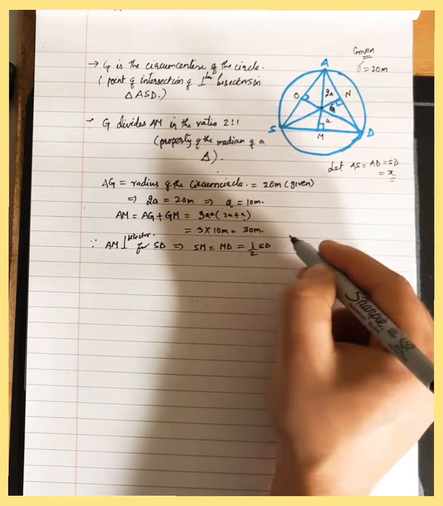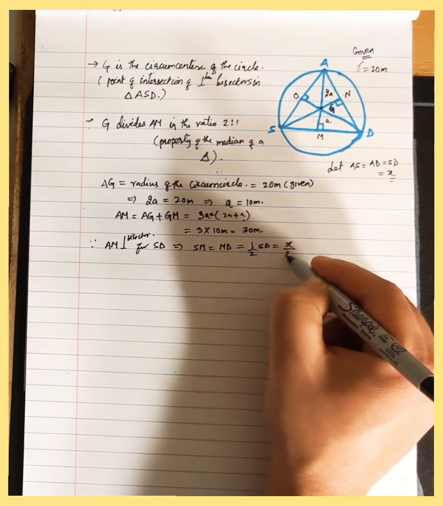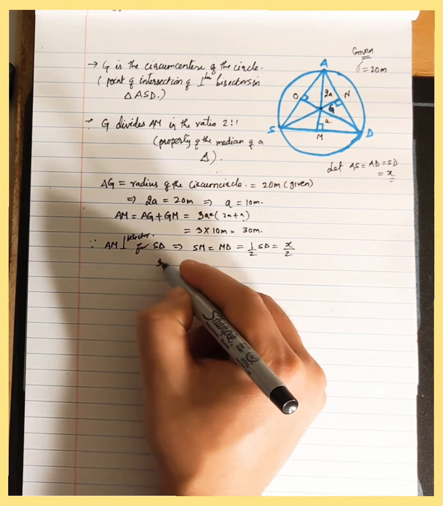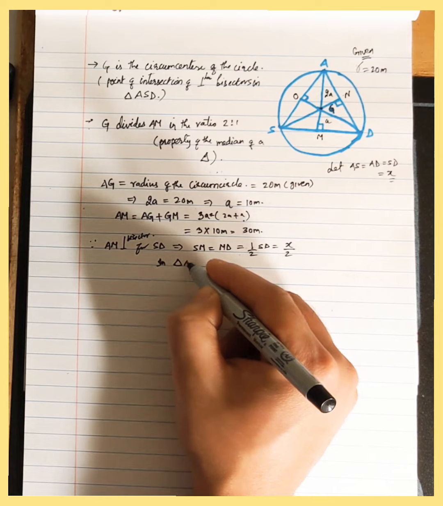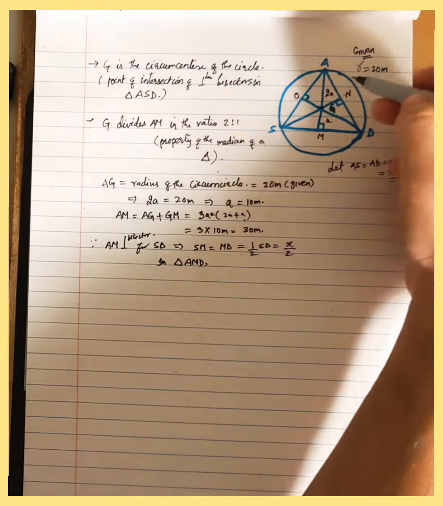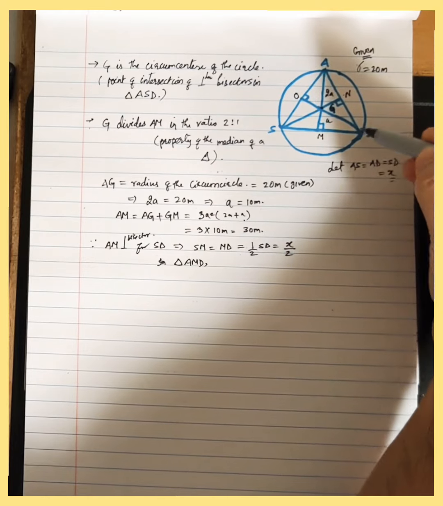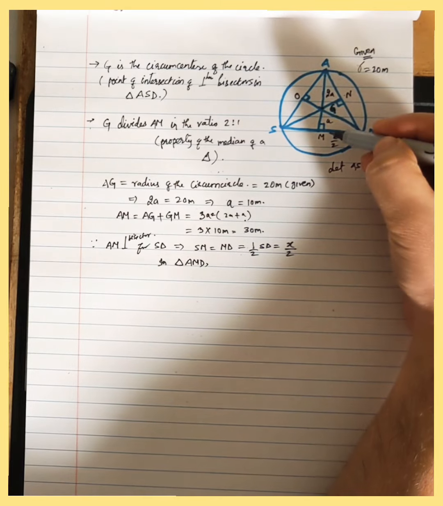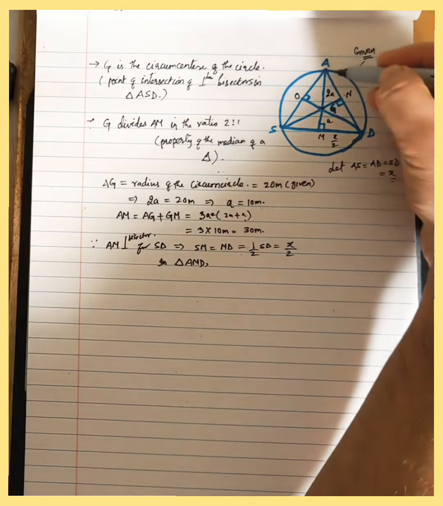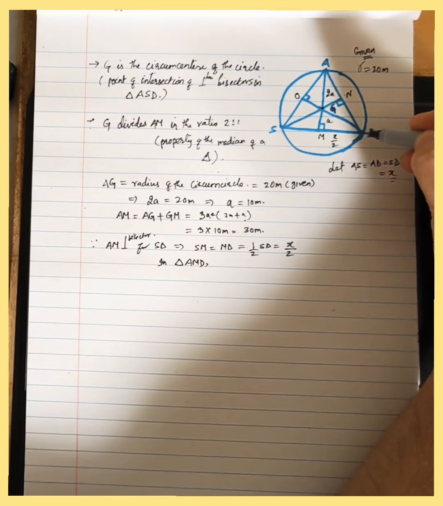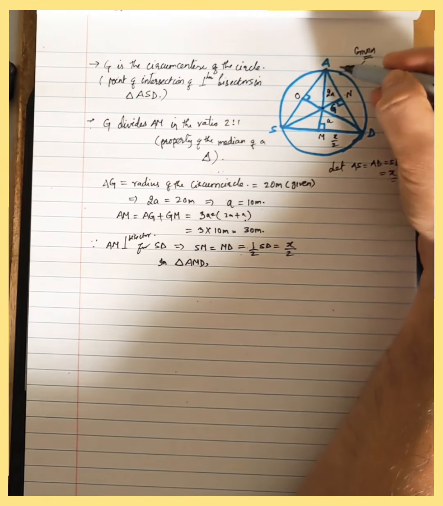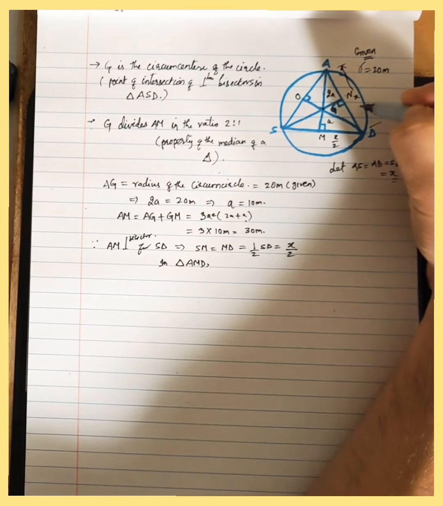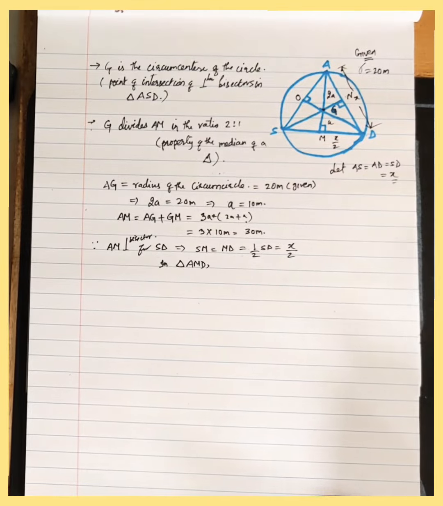SD we have assumed as X, so that is equal to X by 2. Now in triangle AMD, MD we just now calculated as X over 2, and this is 3A basically. And AD is what? AD is X.